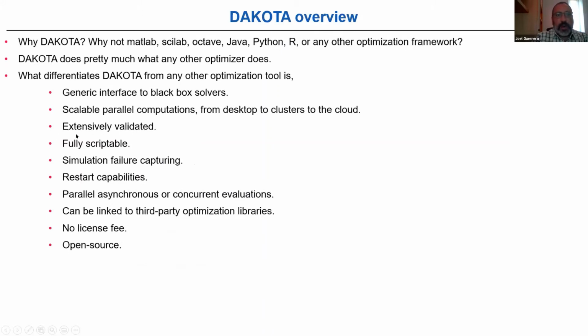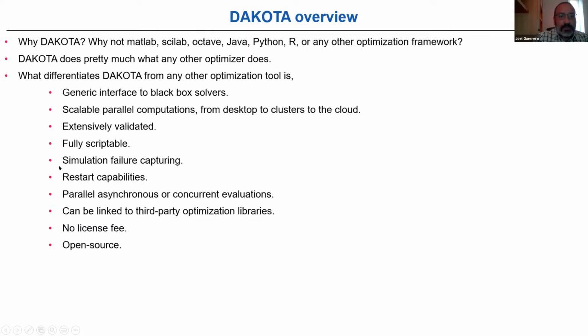So the big question: why Dakota? Why not MATLAB, Scilab, R, or any other optimization method? Basically, it's because Dakota has a very nice generic interface to black box solvers. So far, I have been able to connect Dakota to any CFD application. It is also scalable in parallel computations, we have a very good validation database, and it is fully scriptable.